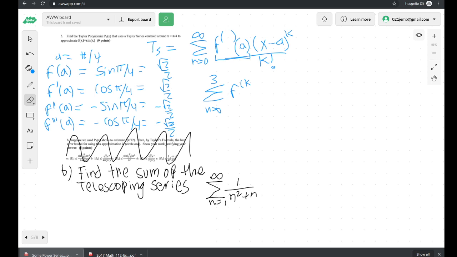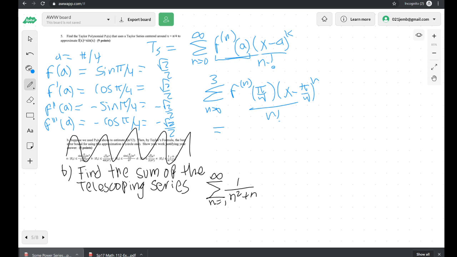This should be consistent with the index. So if I'm writing the index as n, this should be n as well. We've got to be careful with that. All right, so the nth derivative at pi over 4 times x minus pi over 4 to the n divided by n factorial. So we're going to write out this sum over here.